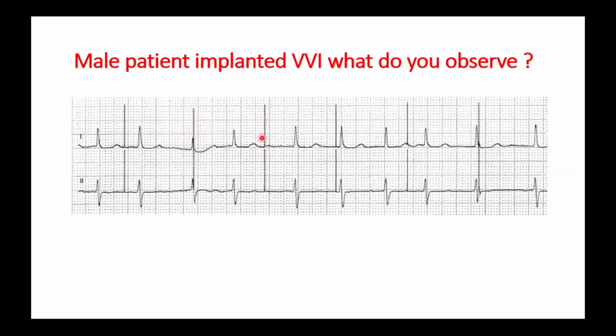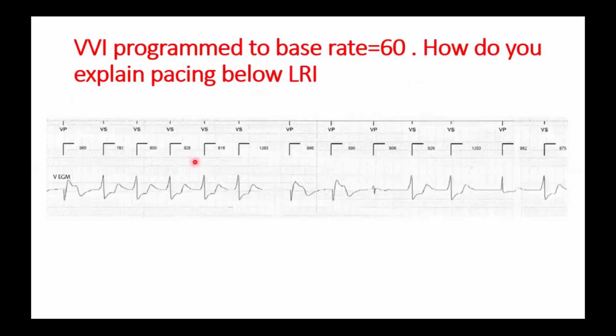Also, when the pacing spike occurs in the baseline, there is no capture. So this is a typical ECG of a pacemaker that has a failure in capture and undersensing of the ventricular lead.